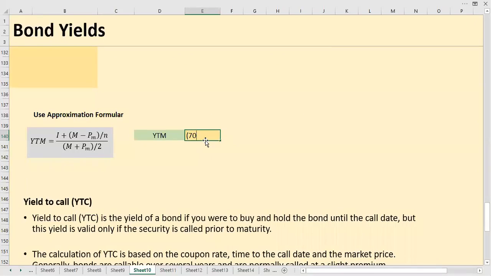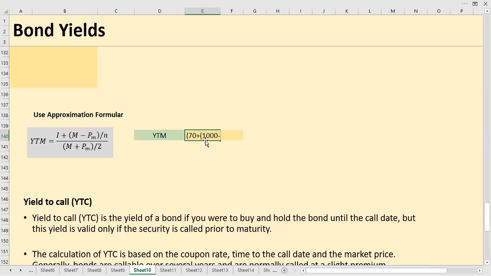7% of 1000 is 70 rupees, plus M, which is the maturity value or the face value of the bond, that is 1000 rupees, minus the market price.